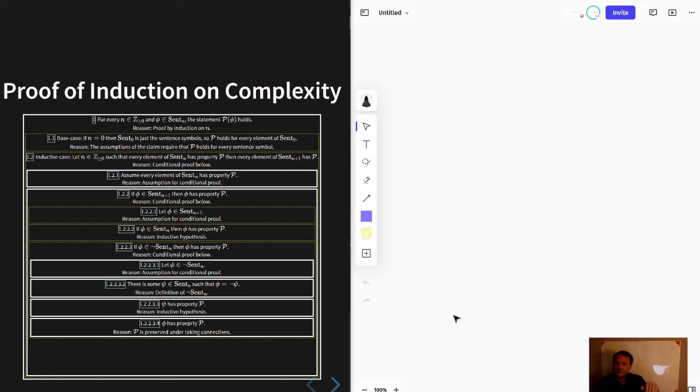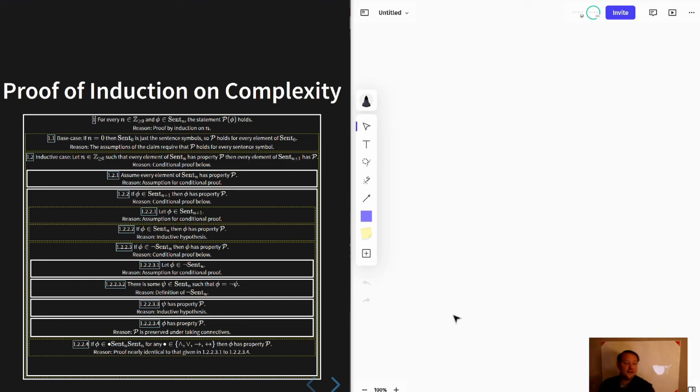So we're done with that case. And as I often do, because dealing with a binary connective is almost identical in this proof to what we did in the negation case, I'm not even going to bother with it. The minor changes to what we did for negation would complete the proof for the binary connectives.